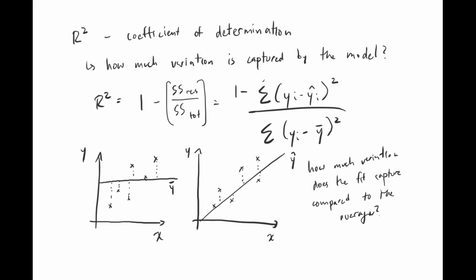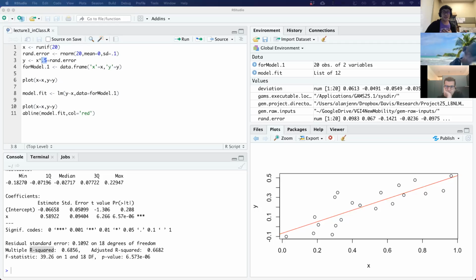And in fact, if I were to go back to my example in R, let's go ahead and do that right now. You can imagine creating an artificially small R squared value, right?